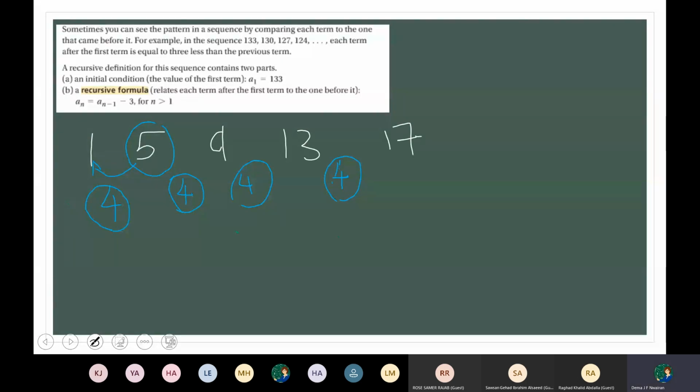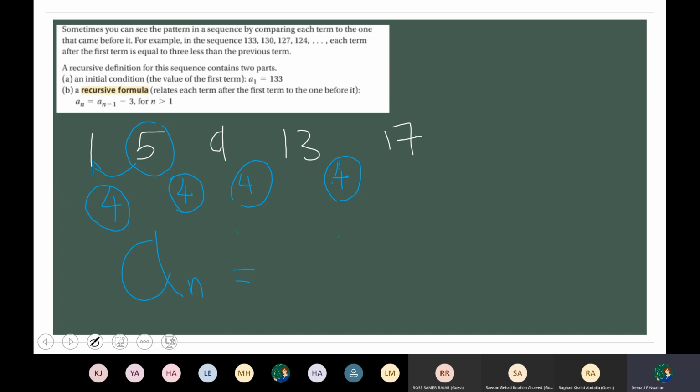So here in the recursive formula, I have an ordered list of numbers. I want to check what is the relation between the second term and the previous one. Look here, 1 plus 4 is 5, and 5 plus 4 is 9. So the formula will be A sub n is, I will not say n plus a number.